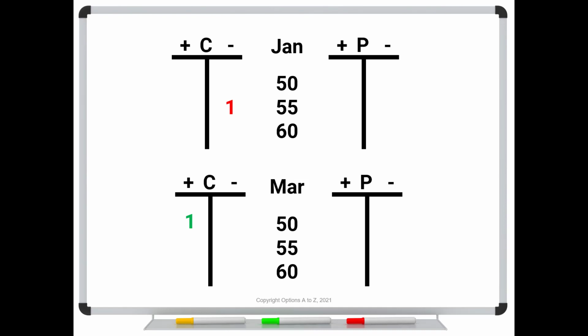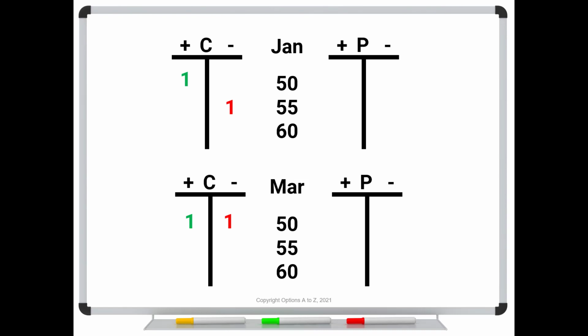But now we take a closer look at our calendar spread or the time spread, and we find out there's no real mathematical edge. Well, if that's true, why do we want it? Why do we want to pay for something that's not really giving us a benefit? If that's true, let's spin it out of the trade. So graphically, if we are going to sell the calendar spread, maybe I would sell the March 50 and I would therefore buy the Jan 50.